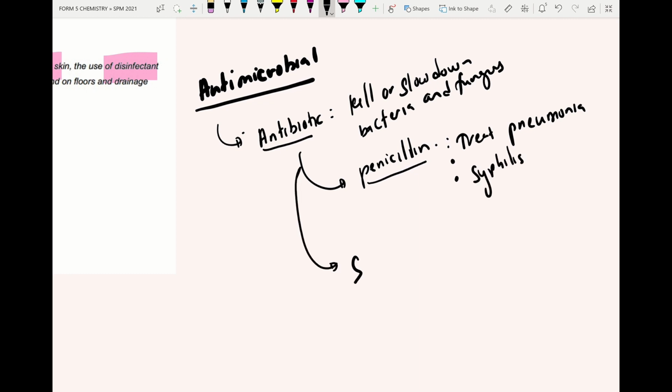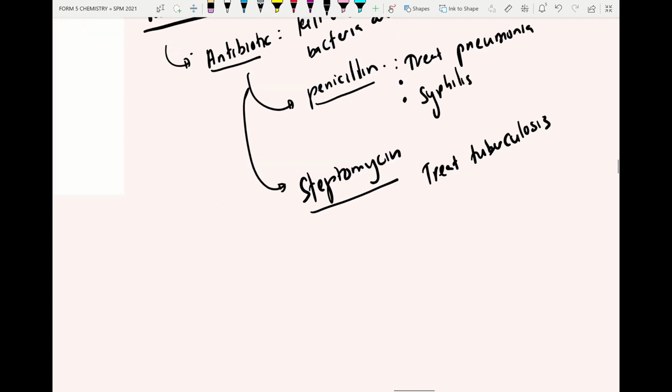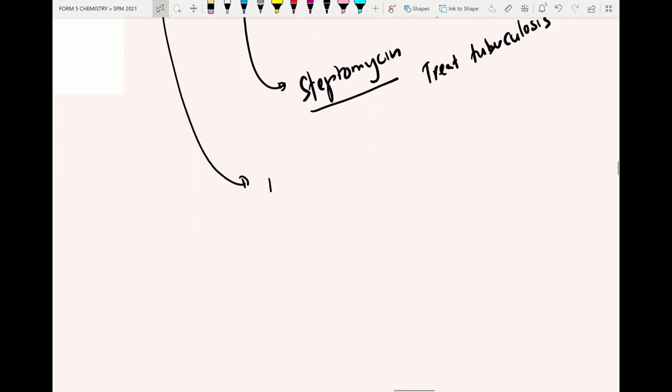And next one is known as streptomycin. Please remember, streptomycin is extracted from the bacteria genus Streptomyces, and is used to treat tuberculosis. All right. Next, after antibiotic, there will be antiseptic.